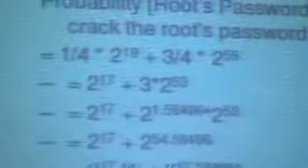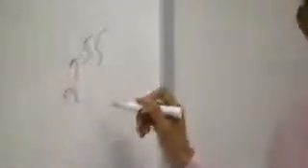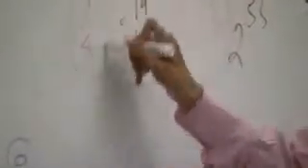So what we found out is the number of hash computations you will have to do if the root's password is in the dictionary, and the number of hash computations on average you will have to do if the root's password is not in the dictionary. You are given now a probability for each of them, right? The probability that the root's password is in the dictionary is 1/4.